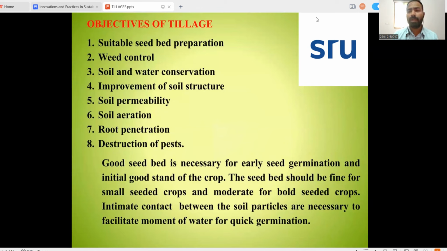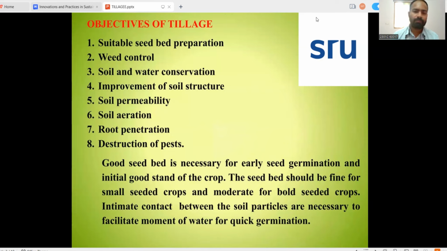Because if your seedbed is not proper, then your seeds will not germinate early. That will directly affect your yield and crop growth in every phase of your crop. The seed bed should be fine for small seeded crops and moderate for bold seeded crops.